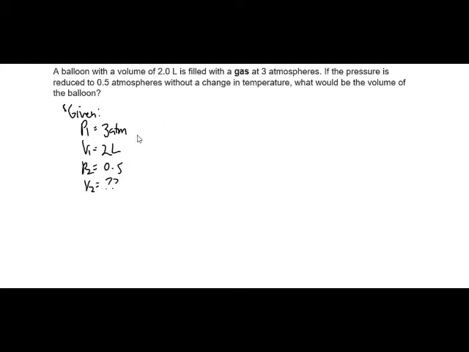Will the volume increase or decrease? The volume will increase if you reduce the pressure. So let's check if that's true.